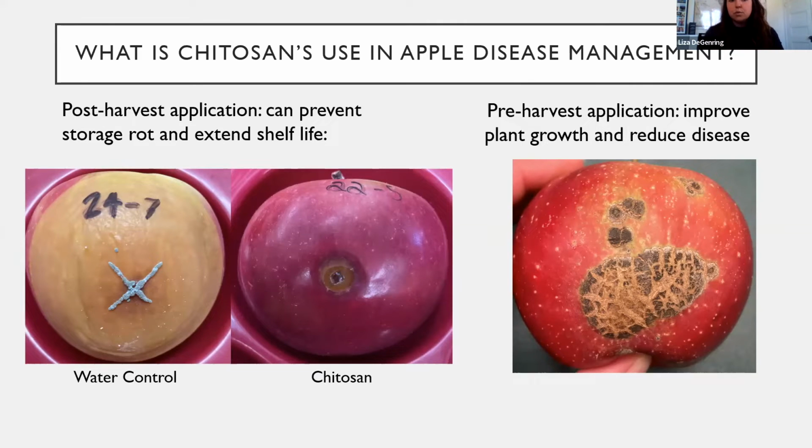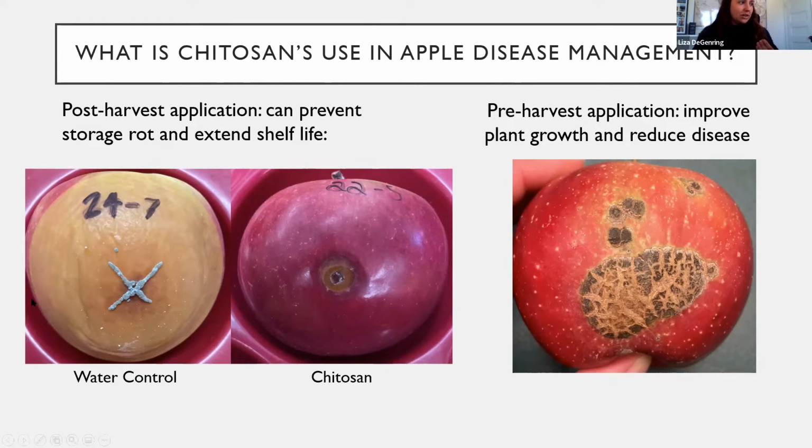And for our research, we're looking predominantly at Chitosan for prevention of blue mold and bitter rot. And so here's an example of our research that we've done where this is an apple that we treated with a water control, and then we inoculated it with Penicillium expansum, which is the causal agent of blue mold.